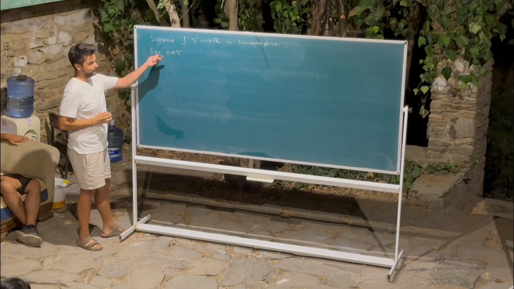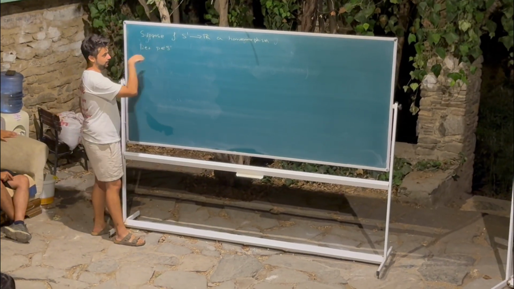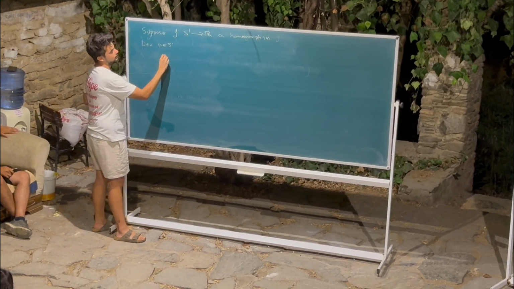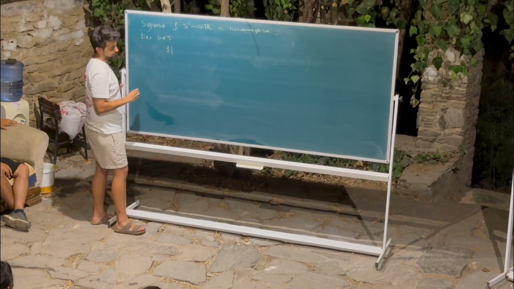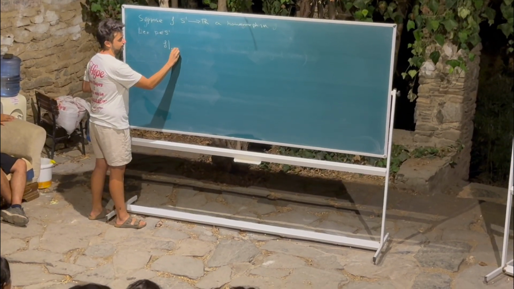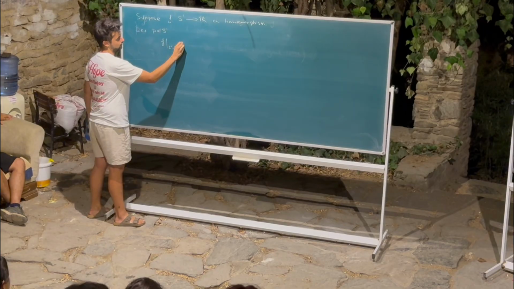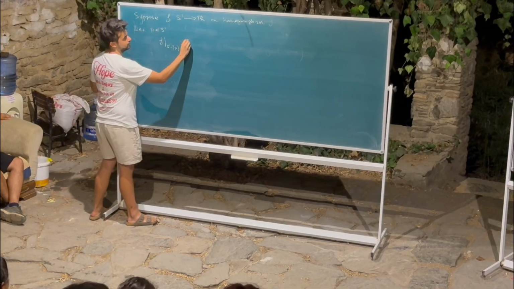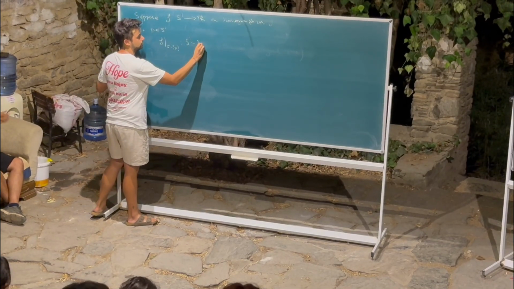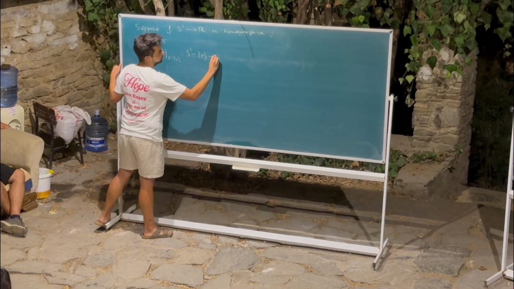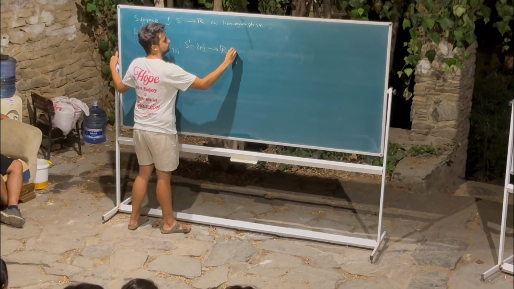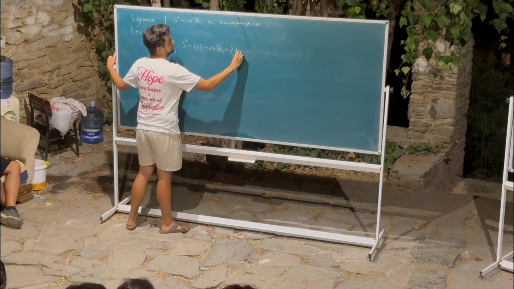I mean, it's not my favorite, it's any point you might like on S1. So I'm going to restrict f to everything but P. Now this is a function from S1 minus the point to R minus whatever that point is mapped to.